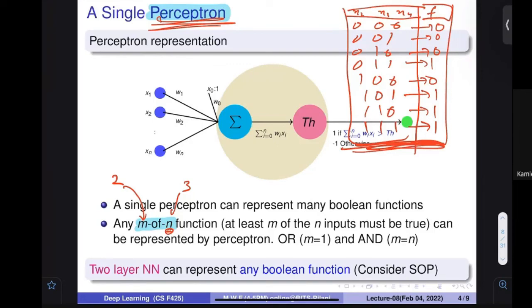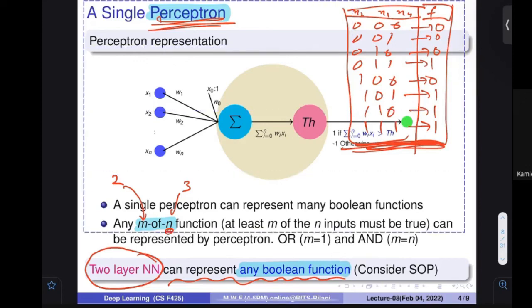Another interesting idea is that a 2-layer neural network can represent any Boolean function. Once again, what is a Boolean function? A function that has the output as 0 and 1.